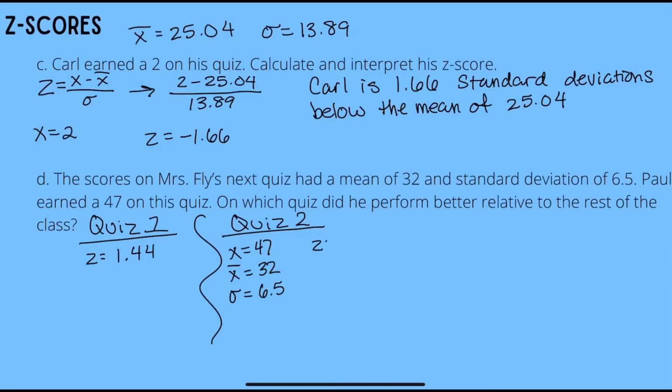So remember our z-score formula, x minus x bar divided by the standard deviation. So all we need to do is plug those numbers in. So we're looking at 47 minus 32 divided by 6.5. So go ahead and do that in your calculator.